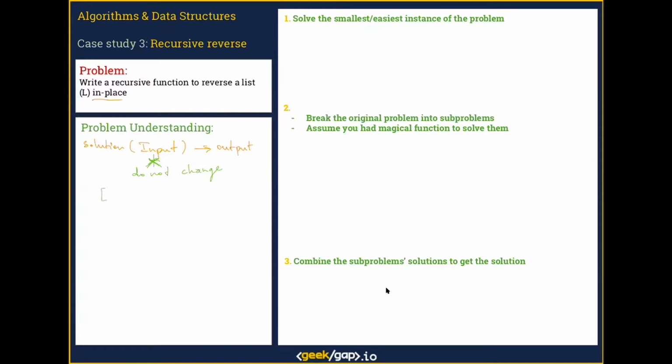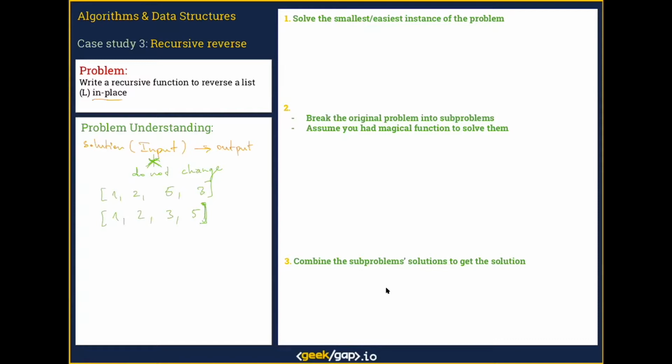So you may have a list like this, 5, 3, right? And in order to make your life easier, in order to solve the problem, you may want to sort it first. But if the problem doesn't allow you to change things in place, you cannot do such a thing.